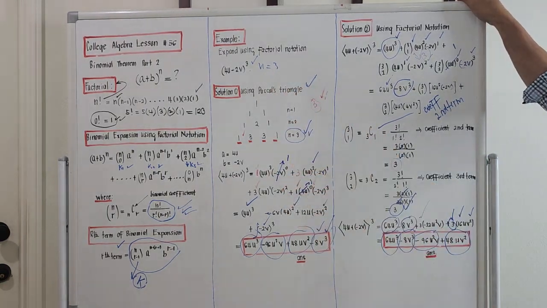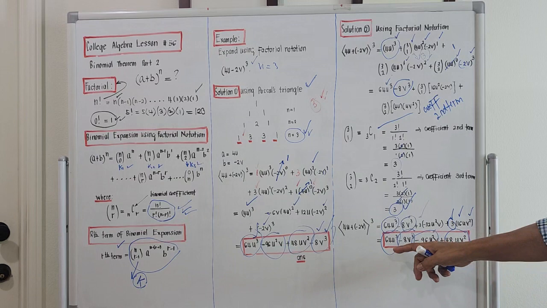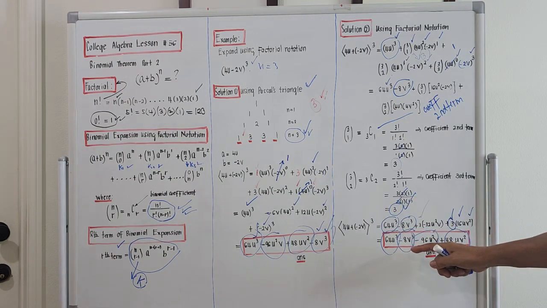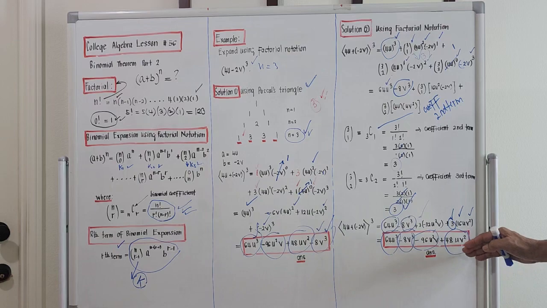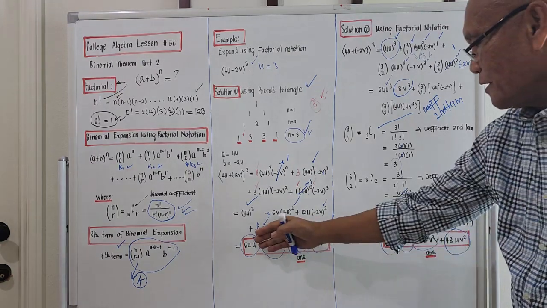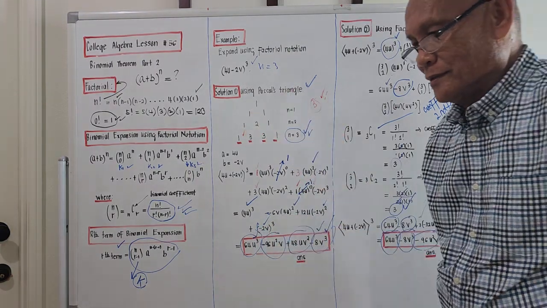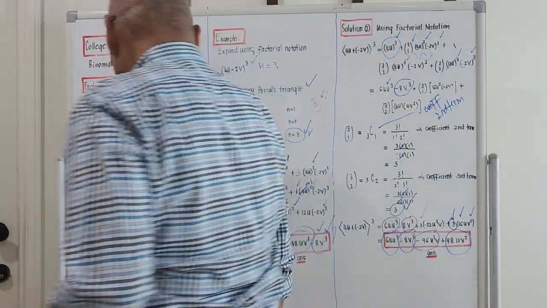I will repeat it for the last time. The final answer will be 64u cubed minus 8b cubed minus 96u squared b plus 48ub squared. This one here is the same as this. Hallelujah.